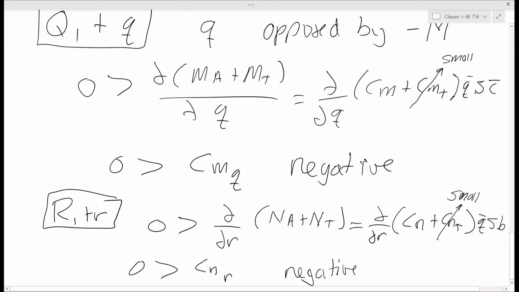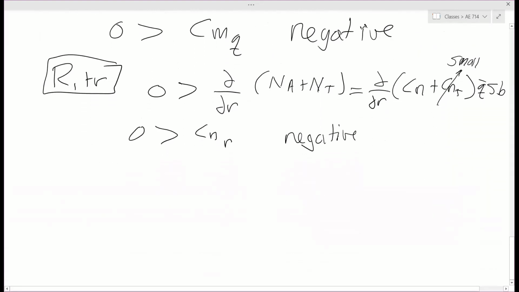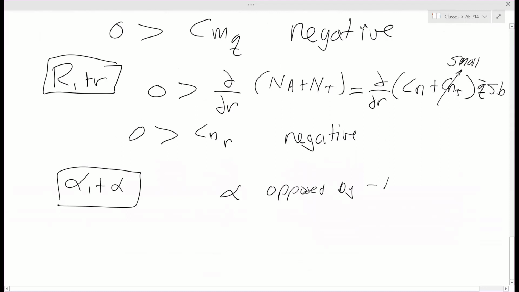And then we have the angular stability, the alpha and beta. How are they opposed? And so if we have an alpha disturbance, it's opposed by a negative pitching moment.